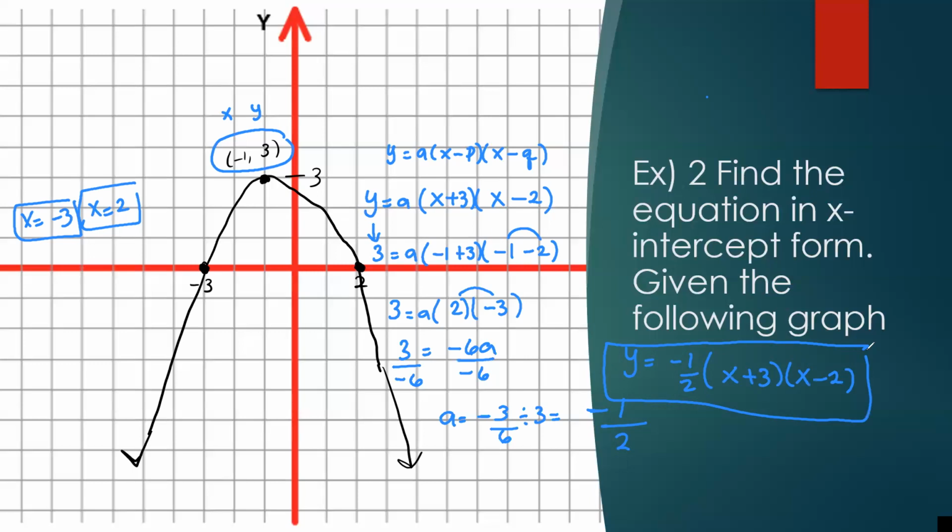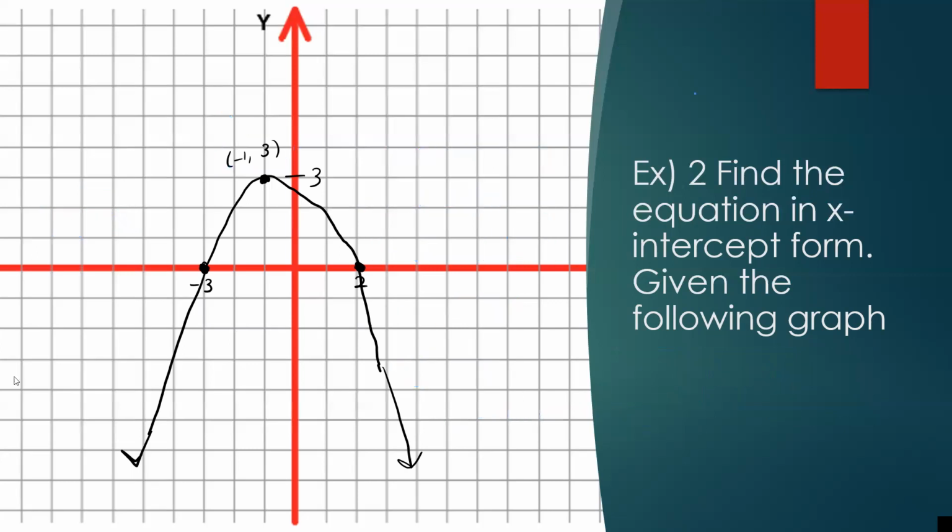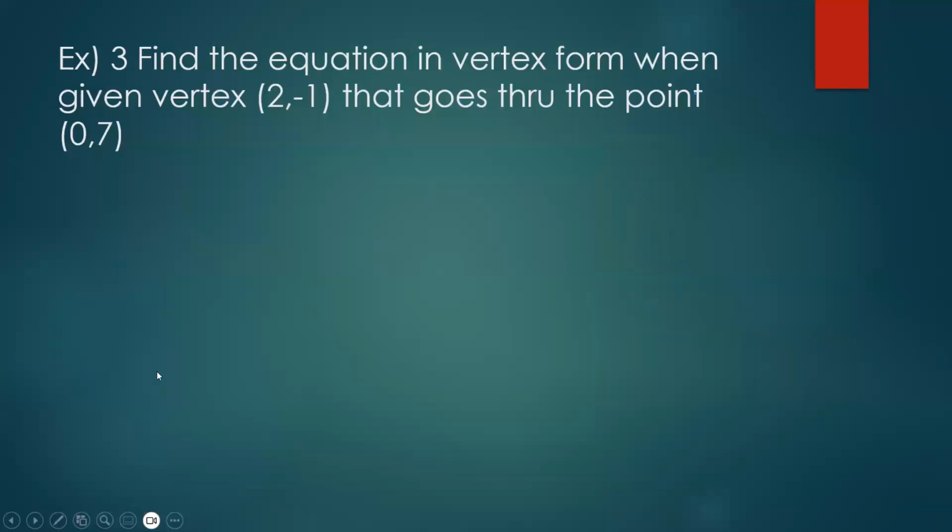Okay, I'm going to move on and do example 3. So example 3 says find the equation in vertex form. So I'm no longer asking for x-intercept form, vertex form, when given the vertex is 2, -1 and goes through the point 0, 7. So it's good to remember our 3 different forms of a quadratic.